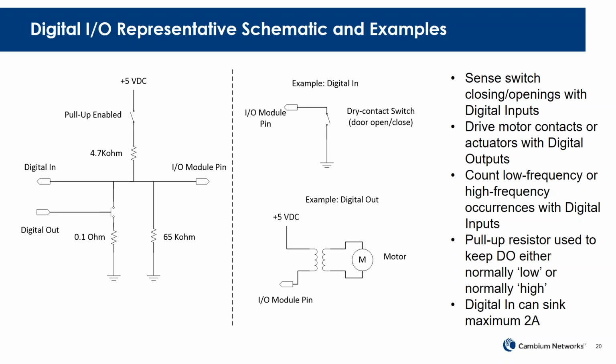So any kind of Modbus-based SCADA master can come in and query that pin and understand if that door has been left open, if it's been opened or closed, whether a pump has been activated or not. And you can do things like counting the number of operations. So if I want to know how many times a pump has gone on and gone off in a certain period of time, I can keep track of that as well. So lots of different capabilities and options with that I/O.